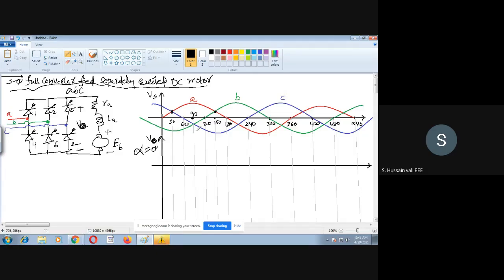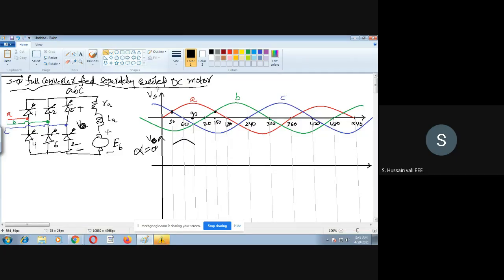For this firing angle, from 30 to 90, the highest is A and the lowest is B. So you will get something like this from 30 to 90, and you will get VAB.